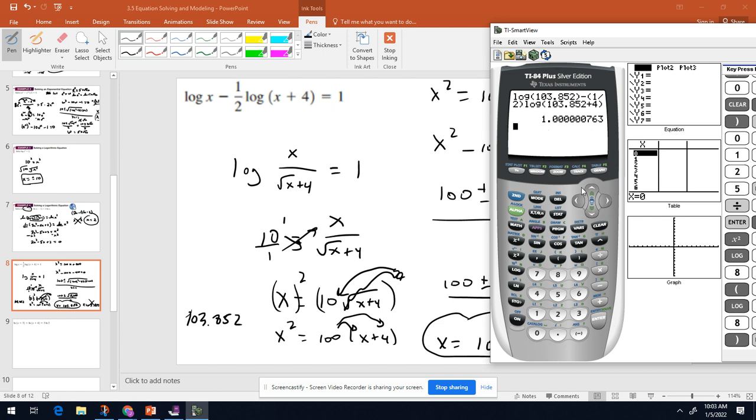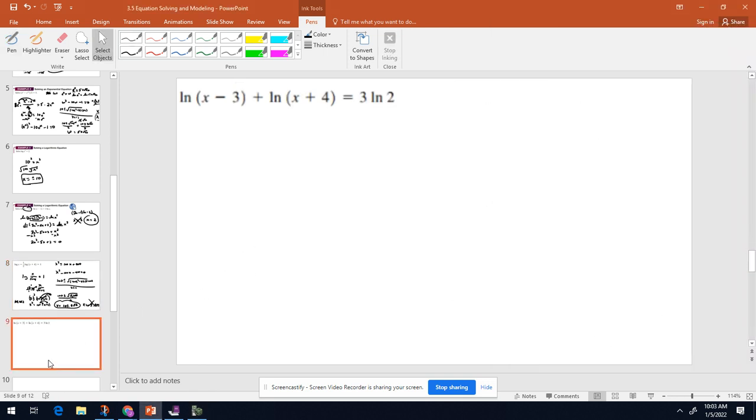And again, why isn't it exact? Because we rounded. So again, be able to use your properties of logarithms in solving these problems.